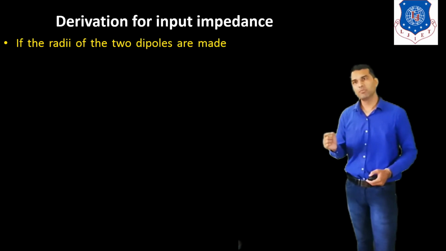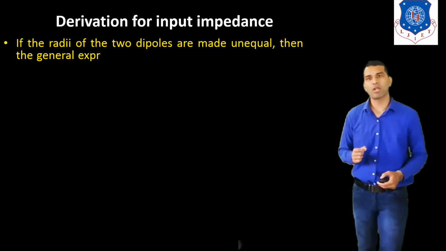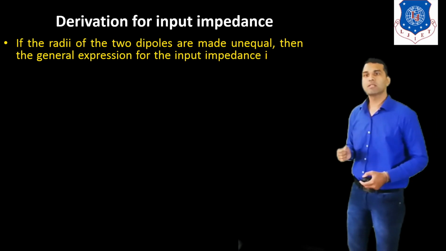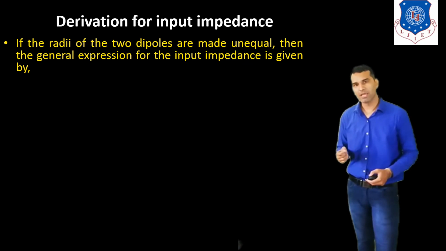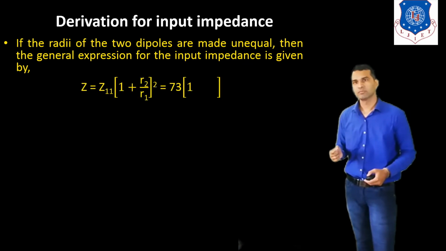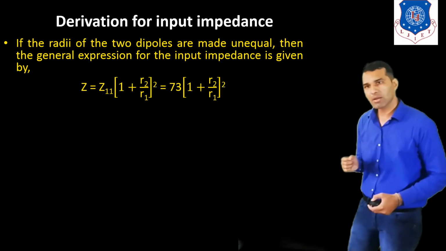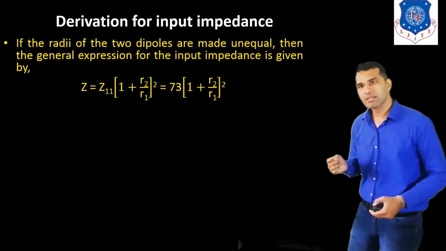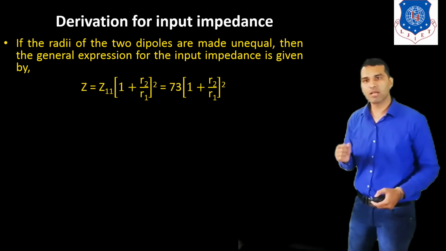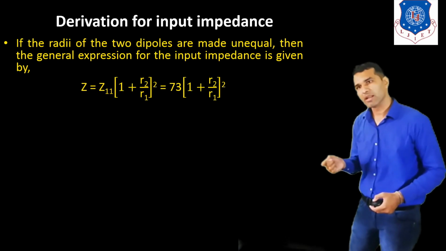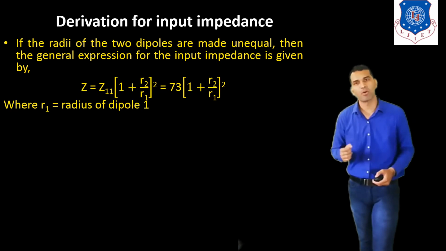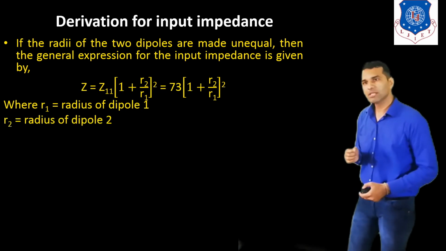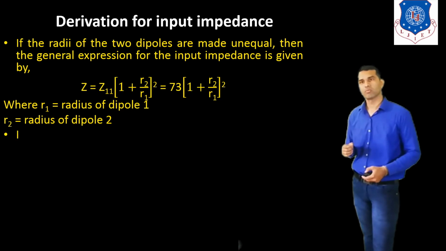Now, if the radii of the 2-wire dipole are made unequal, then the general expression for the input impedance is given by Z equals Z11 into (1 plus R2 upon R1) squared. So we can write 73 into (1 plus R2 upon R1) squared, where R1 indicates the radius of dipole 1 and R2 indicates the radius of dipole 2.